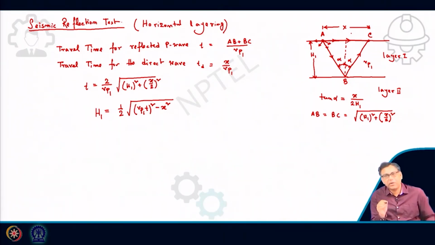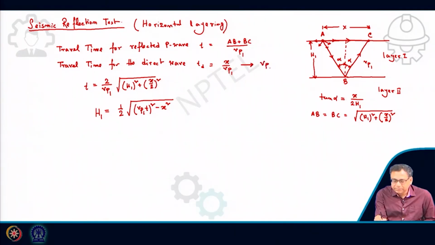So that way I will get the direct wave travel time, and I will get the reflected wave travel time also. So both T and TD are known. So from this expression I will get the Vp1, and now if I put this Vp1 here, because T is also known, Vp1 is known, X is known, I will get the H1.